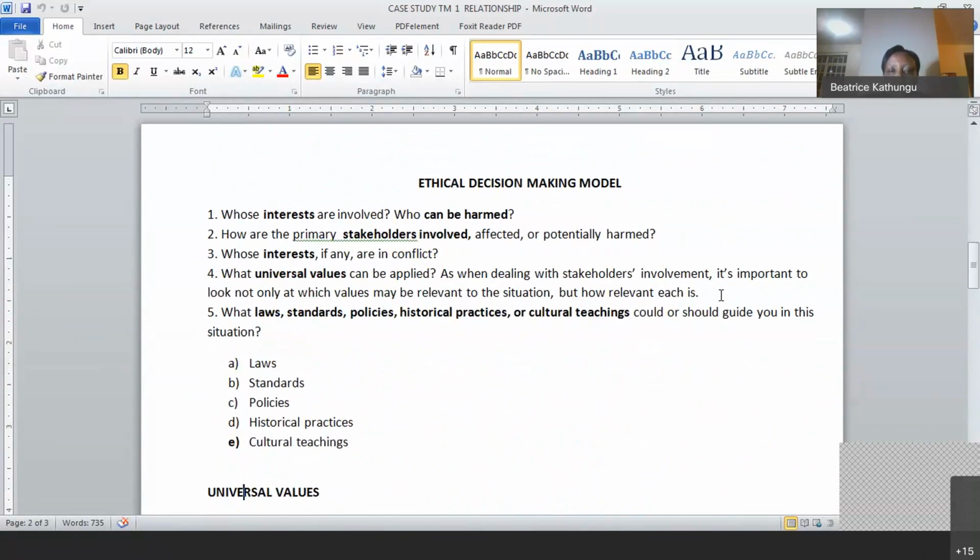So if you remember, the White and Popovich model advocates for 5 considerations you should make to ensure that you're making an ethical decision. The first point is whose interests are involved, who can be harmed.